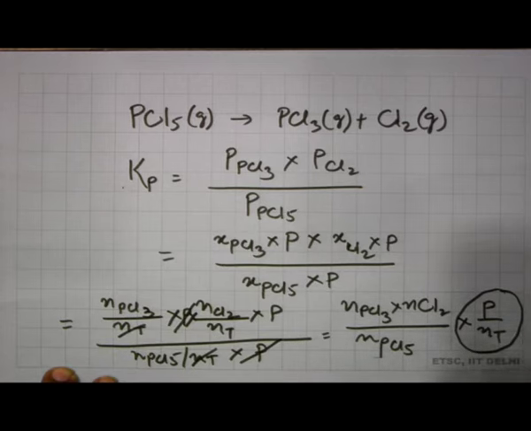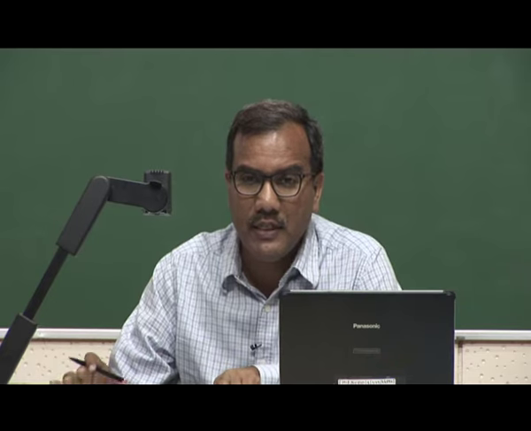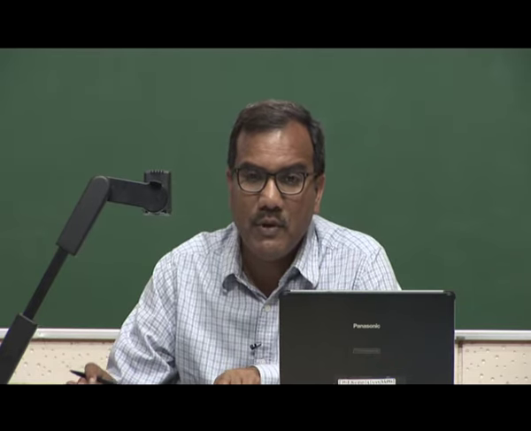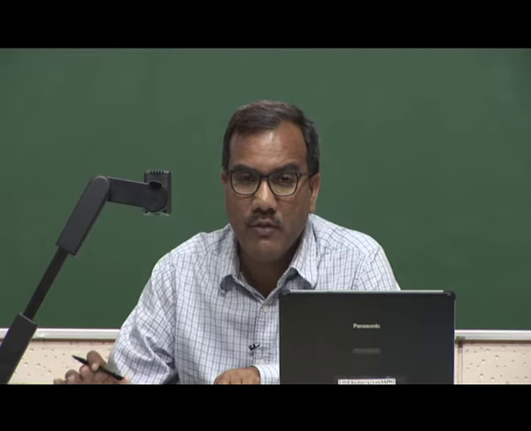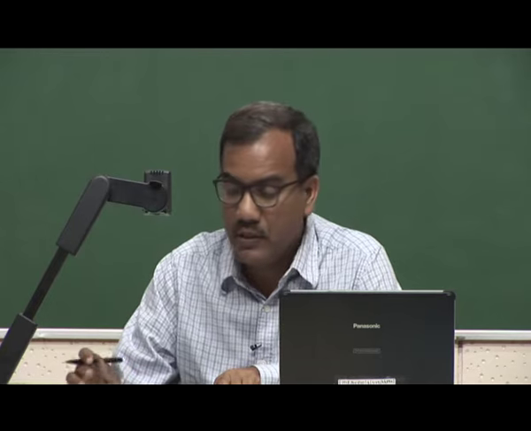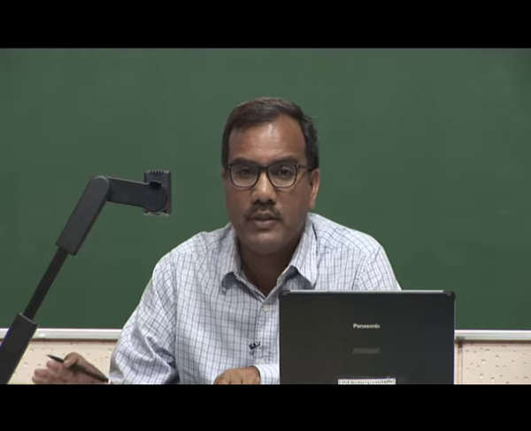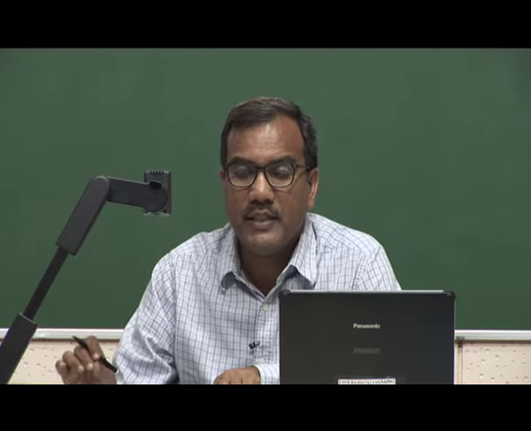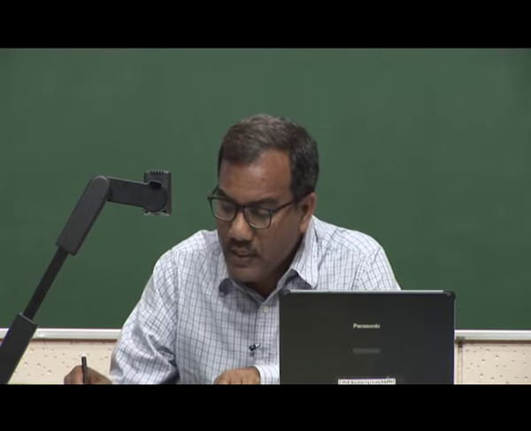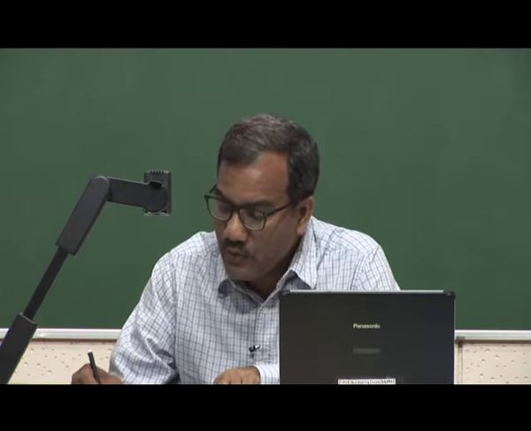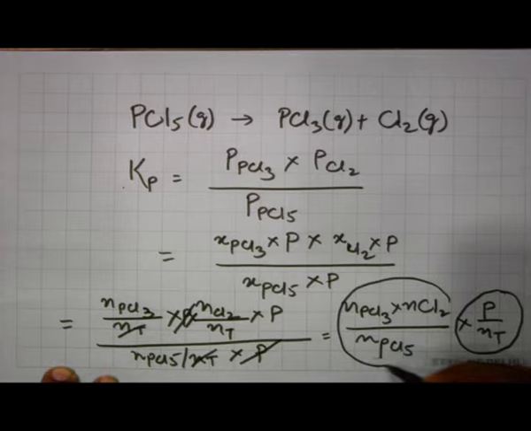I told you that the reaction was carried out in a closed container, which means a constant volume condition. Under constant volume and temperature, P by Nt is constant, so this does not change, and there is no need for a change in this quantity.